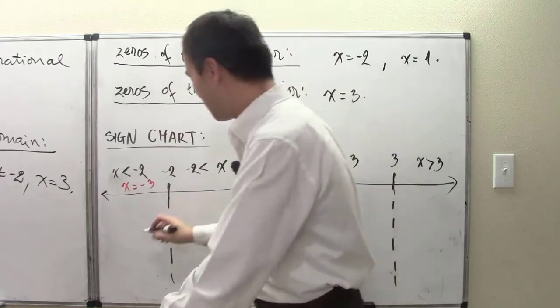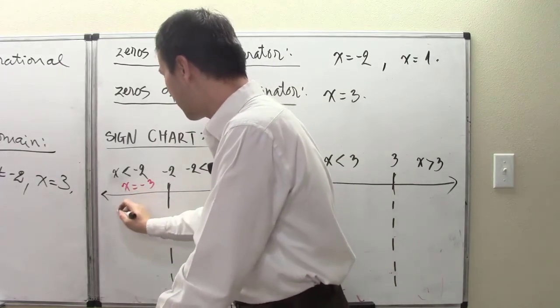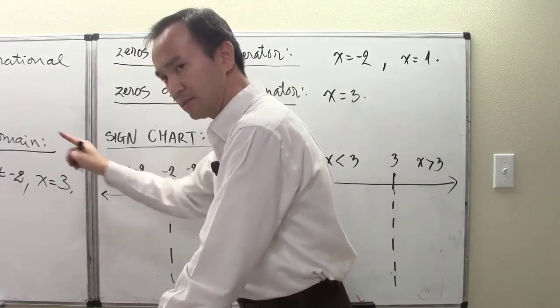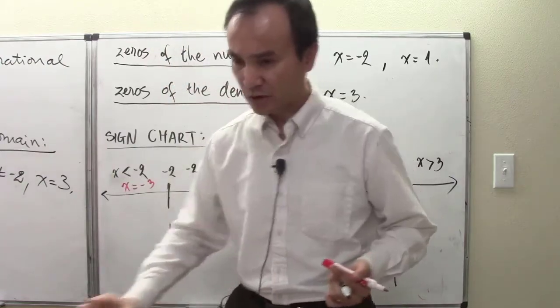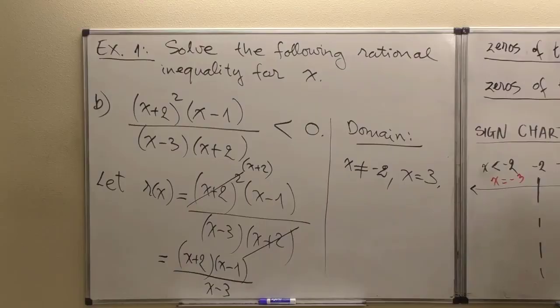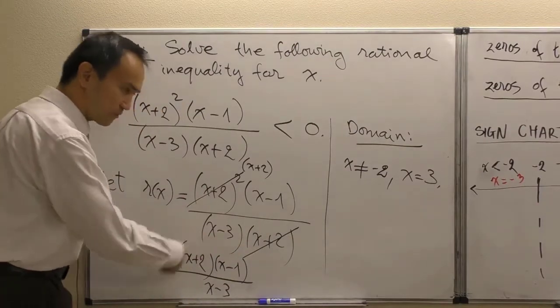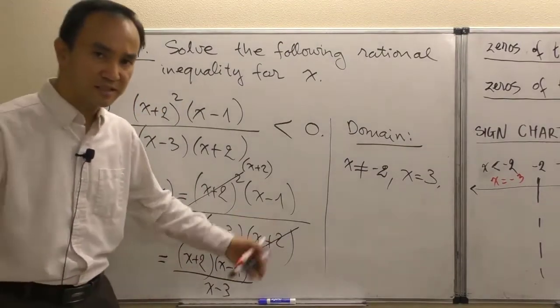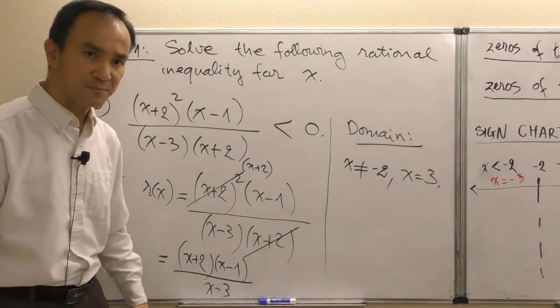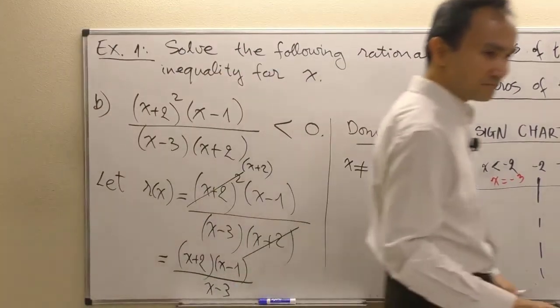Now that means I'm substituting this into the function. I have to switch back to the other board. Our final rational function is here, the one that makes it easy to determine sign behavior.